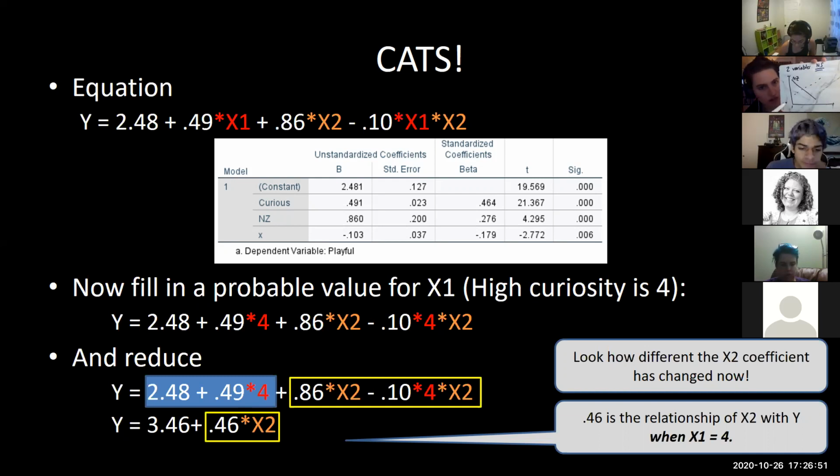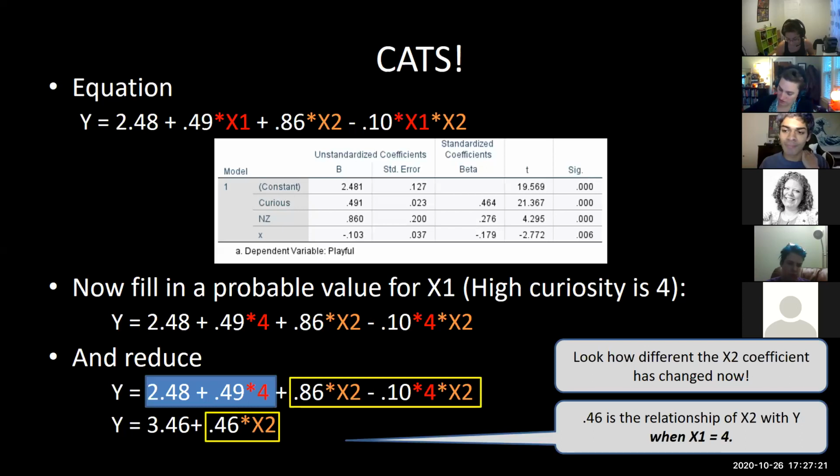Now, on average, that's going to look like there's no relationship. If I have half the cats from New Zealand and half from Australia, and I take the mean, it's going to look like there's no relationship there. So that's a reason why you could have a non-significant main effect, but it could be significant once you put in the interaction.